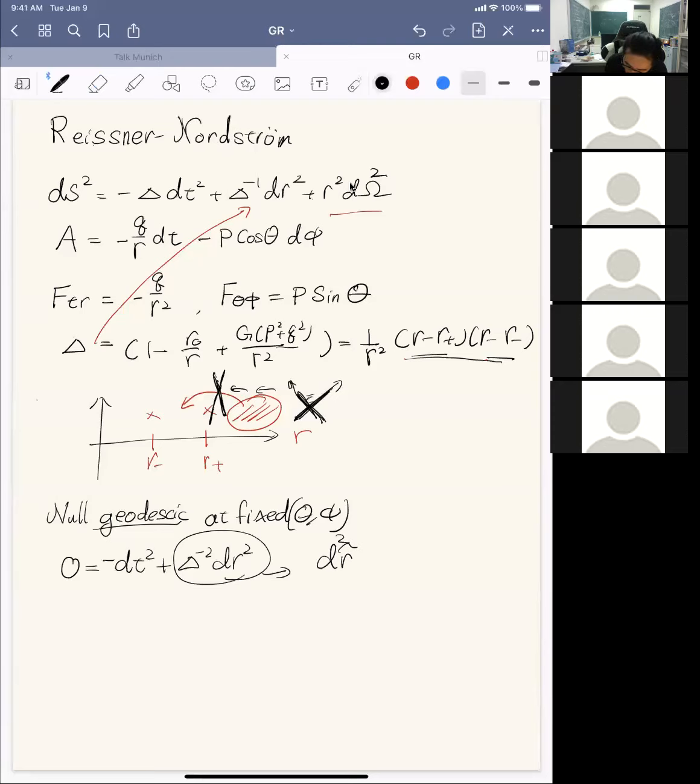So you're actually trying to find dr tilde as a function of r such that this change of coordinate removes this delta minus 2.